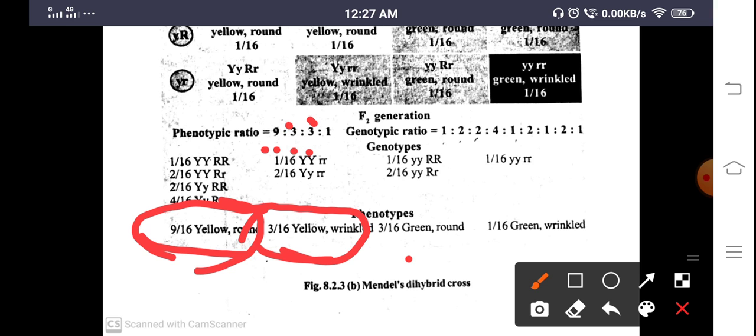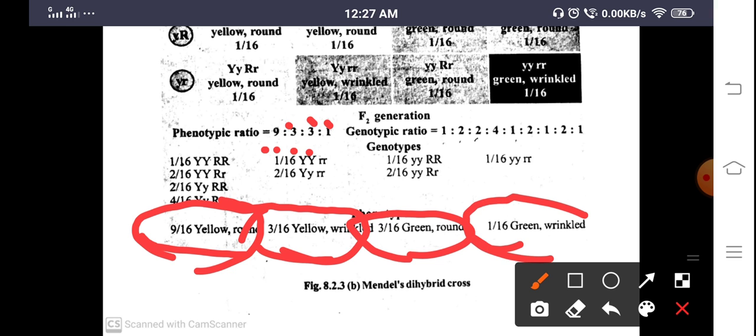Next 3 indicates green round. Similarly 1 indicates green and wrinkled. These are the plants from which we obtain these seeds. So this is the phenotype ratio.